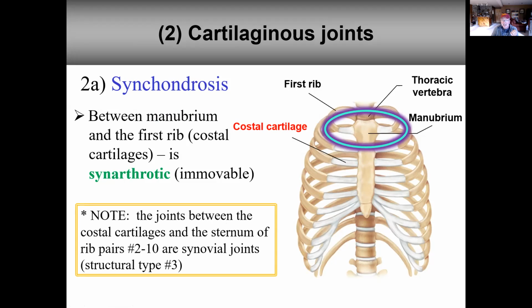They are technically synovial joints. And we'll be talking about that in just a few moments. So clear distinction between the first pair of ribs and pairs 2 through 10. They are a different type of joint. This is a cartilaginous synchondrosis, the first pair, and the remaining pairs are synovial joints.